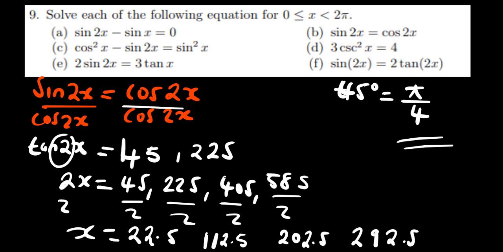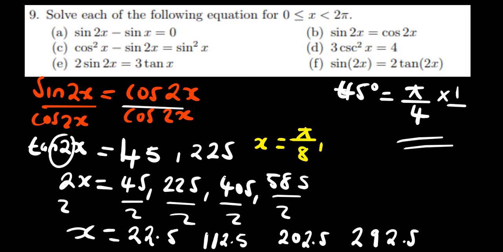These are like half, the half of 45 in terms of pi radians, because dividing by 2 is like halving them. The half of that is just pi over 8. So our answers in radians, x will be equals to, the first one is going to be pi over 8.